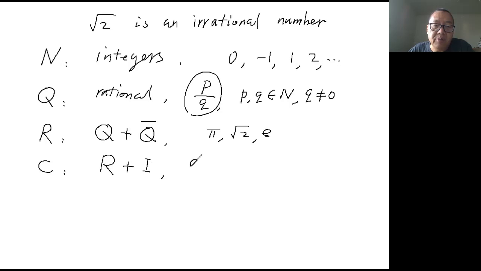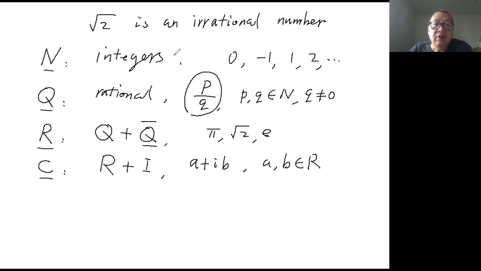The general form of a complex number is a plus i times b, where a and b are real numbers. So this is the number sets in math. Usually you learn integers, rational numbers, irrational numbers, real numbers, and complex numbers.